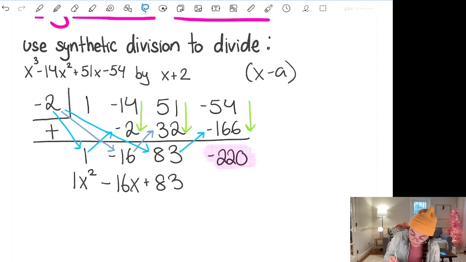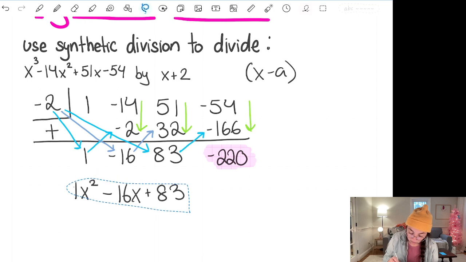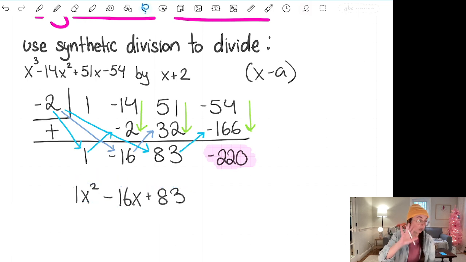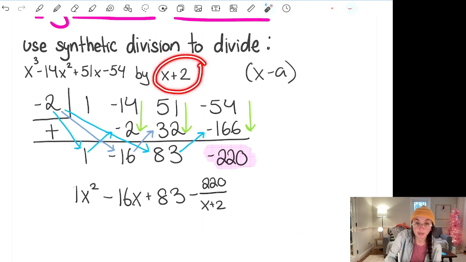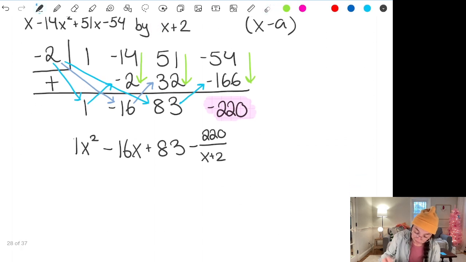There's a couple different ways to write the remainder. I'm going to do 2 different ways. However your teacher wants you to do it. So this is negative 220. What you can do is put negative 220 in the numerator, that's the remainder, over x plus 2, which is what we're dividing by. So that's one way to do it. Also, this 1 in front of the x squared, you don't actually have to put.